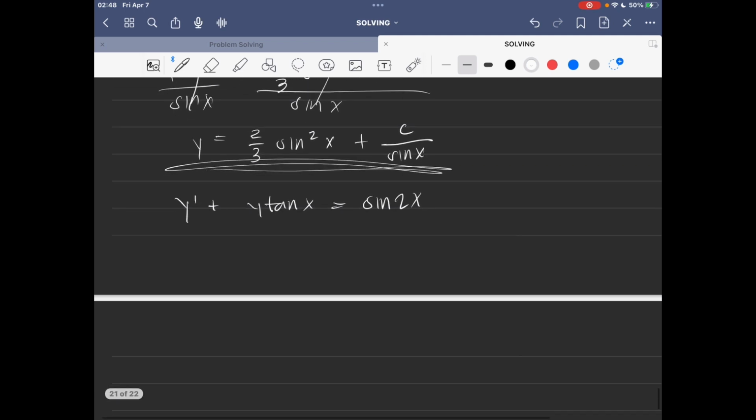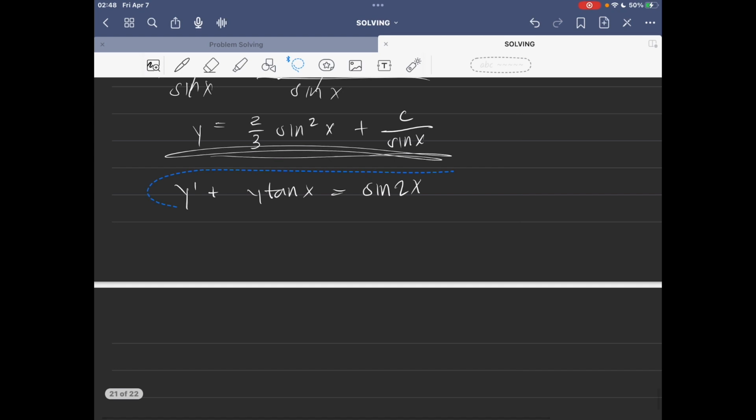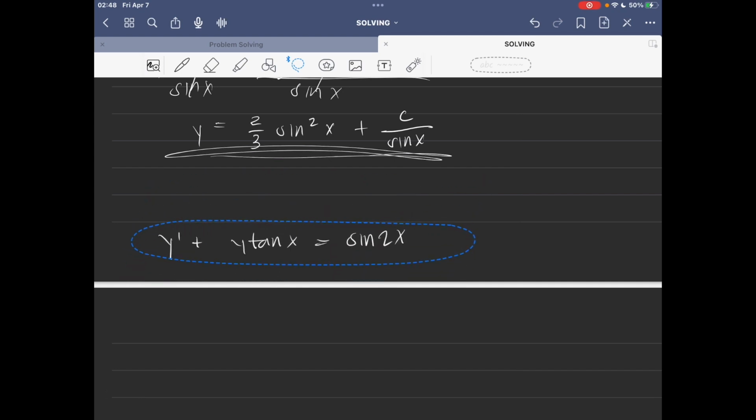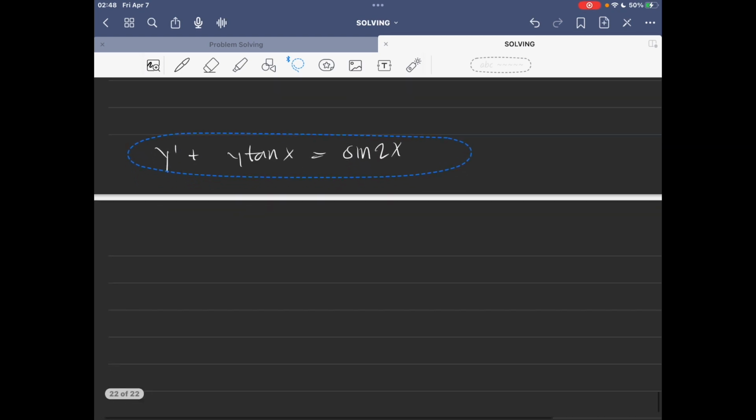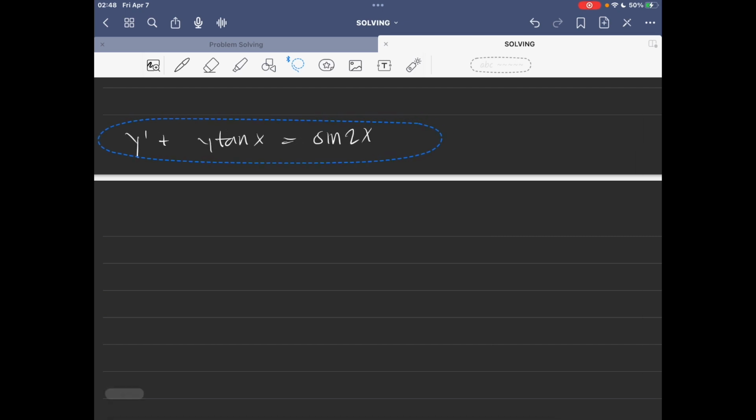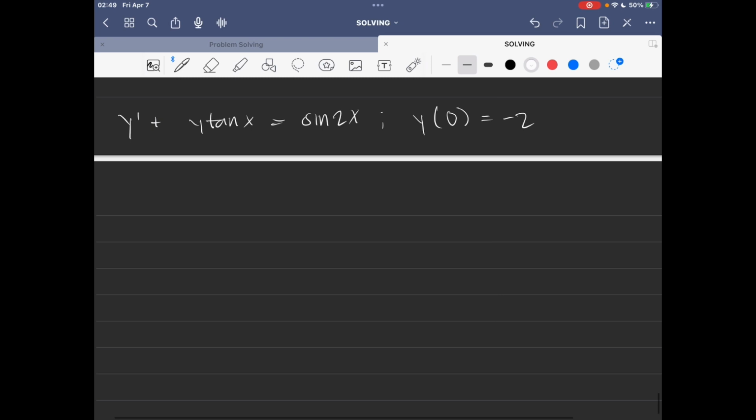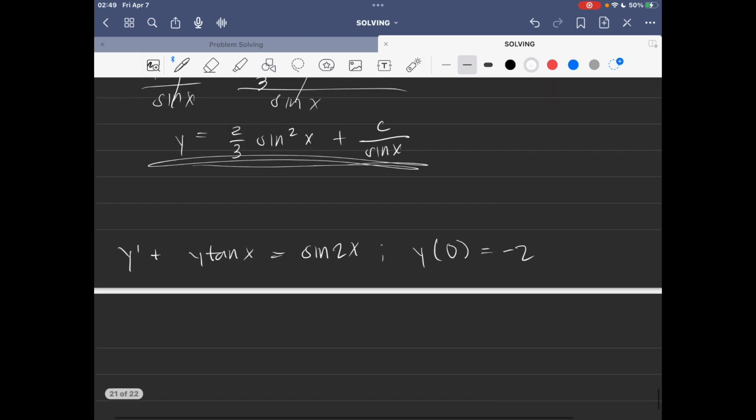So for problem number 2, just copy this. This has the condition y of 0 is equal to negative 2, so when x is 0, y is negative 2.